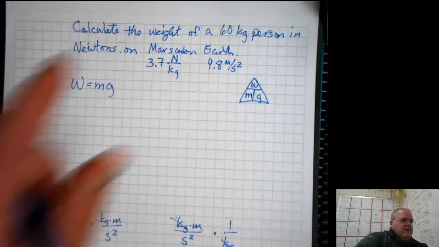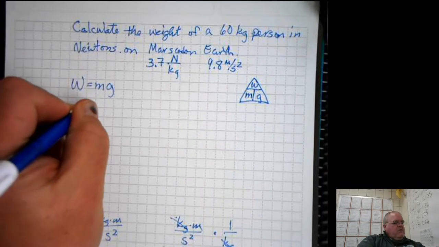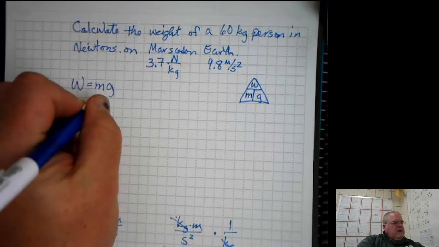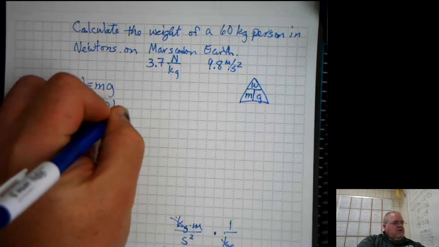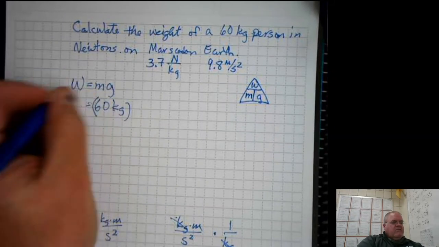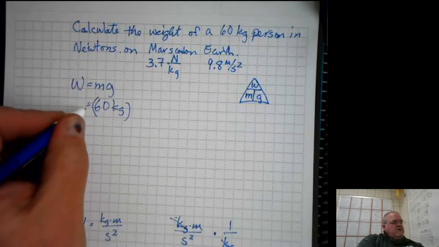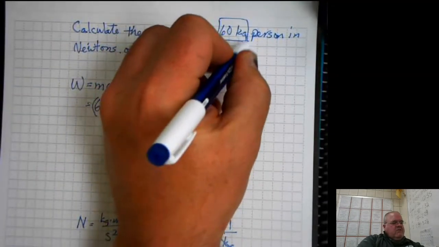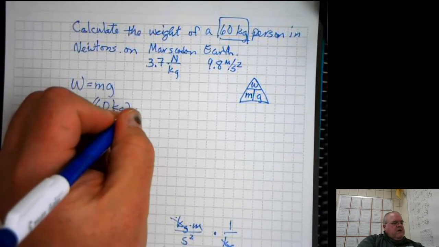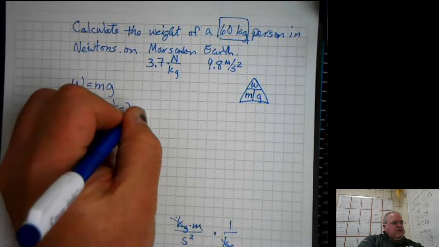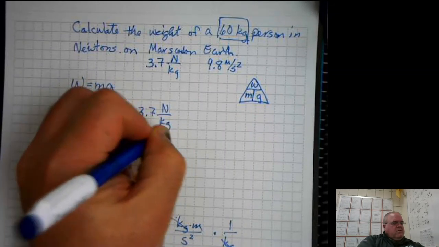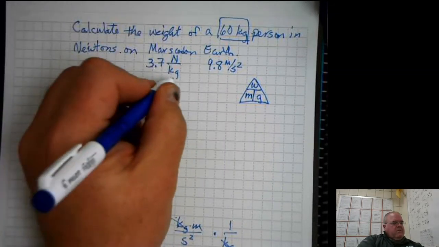So for the weight on Mars, I have 60 kilograms. I've written my formula down, so I'm going to fill in my formula. My mass is right here, 60 kilograms. And my acceleration due to gravity here is 3.7 newtons per kilogram.